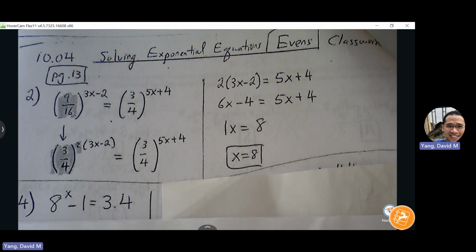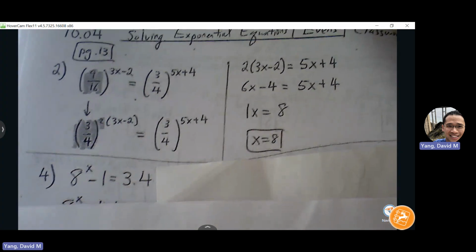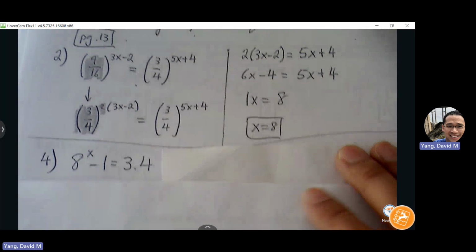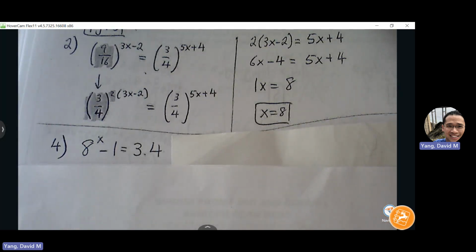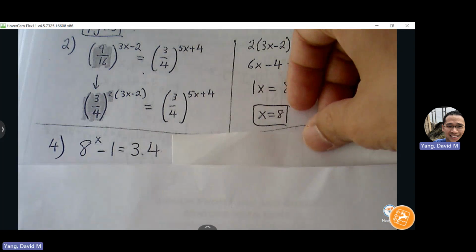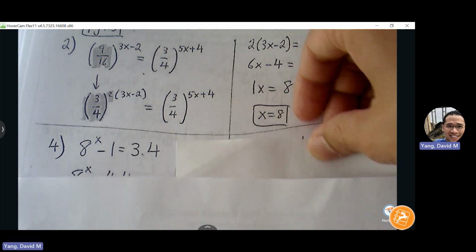We want to clean up our equation to the simplest form before we bring in the idea of logs. So there's some things we can do here. We can combine the 1 and 3.4 together. Get that 1 over to the other side. Let's get that 8 to the x as cleanly isolated as possible.